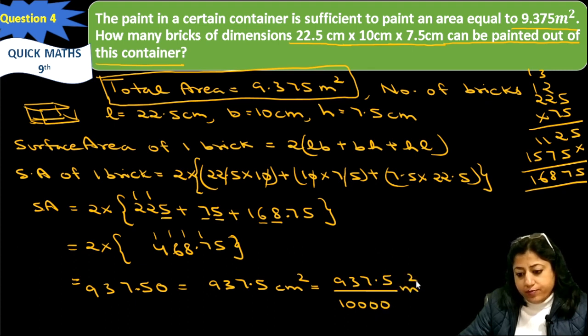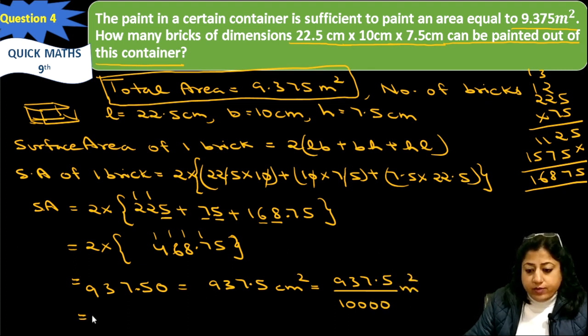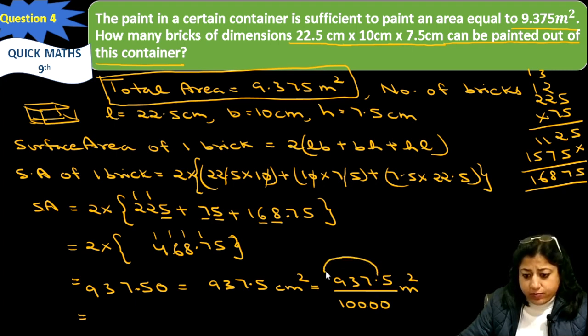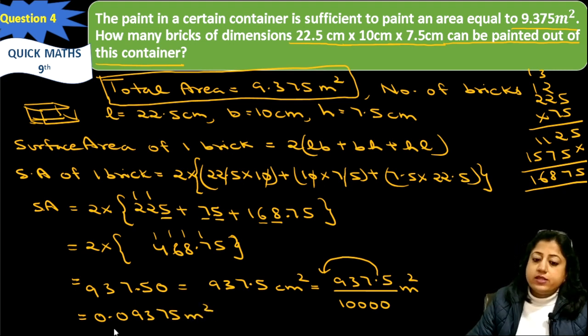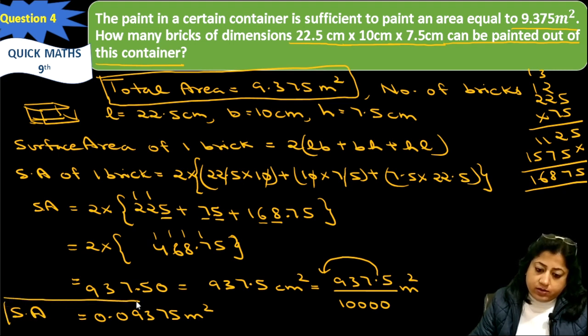It will be in meter square. So there will be 4 zeros, meaning the decimal will be shifted 4 places to the left. So it will be 0.09375 meter square. This is the surface area of one brick.